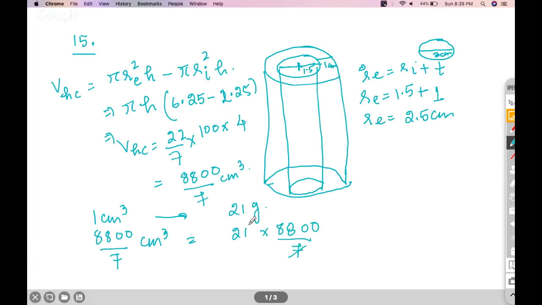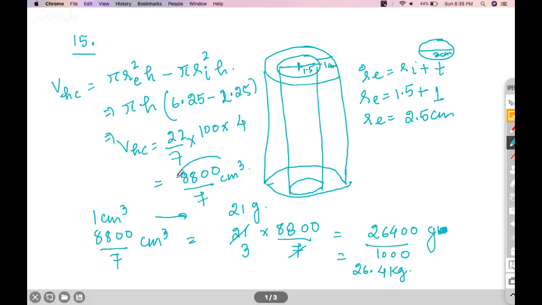So that this 3 would be gone. I will get 26400, sorry, 264 grams. If I convert it into kgs, I will divide it by 1000. This will give you 26.4 kgs. Now guys, try to understand one thing while doing calculation.